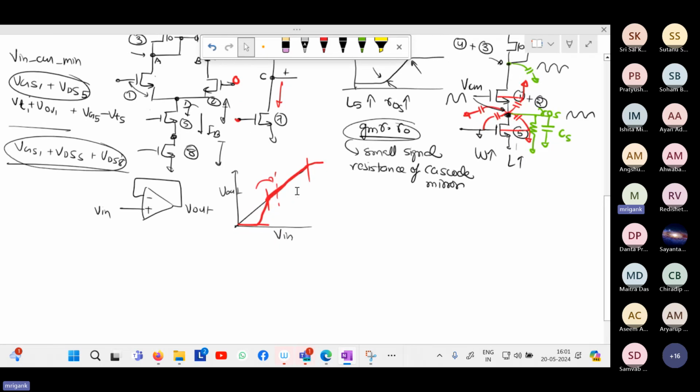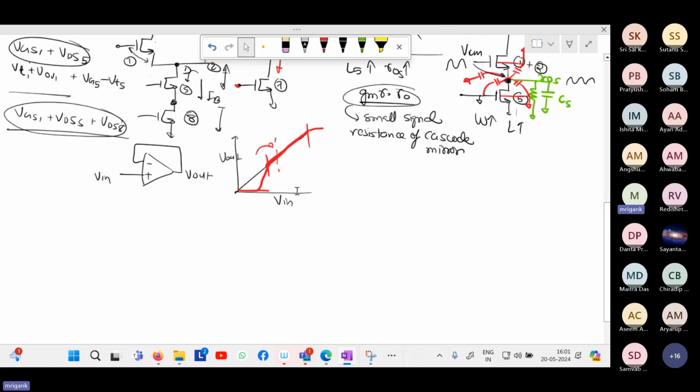Have you studied the Bode plot of a two-stage amplifier? How will it look? In the feedback system, you might have studied frequency response of a two-pole system. A two-pole system means you have two critical poles.